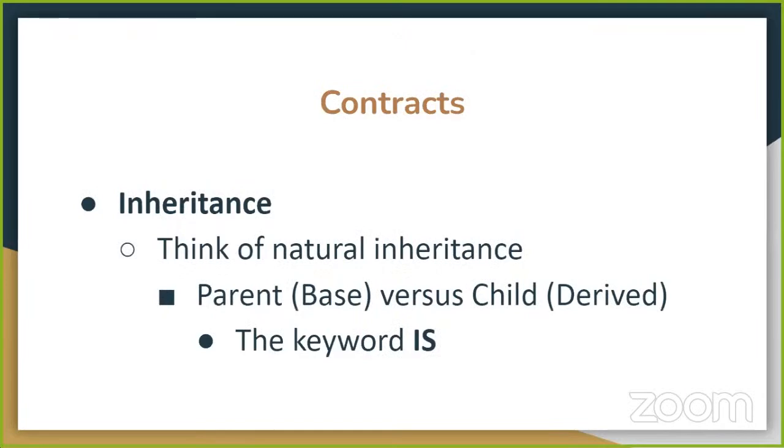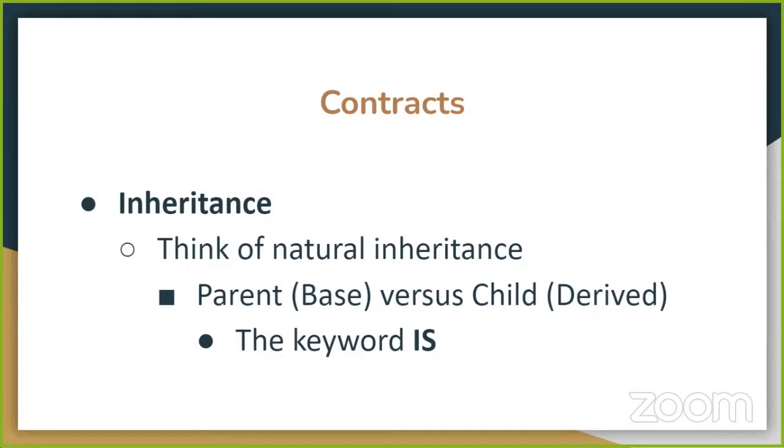When we talk about inheritance, what comes to our mind is contracts, because when using libraries, we use the keyword library. But when talking about inheritance, what comes to our mind is contracts.